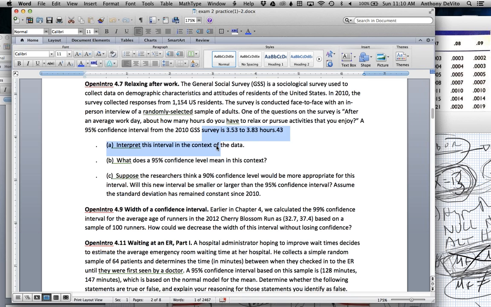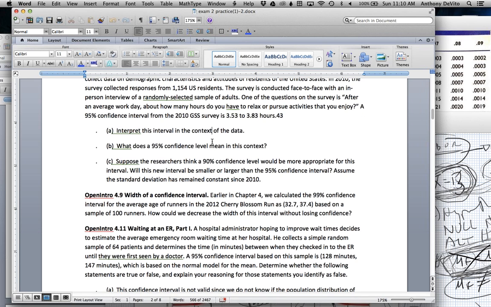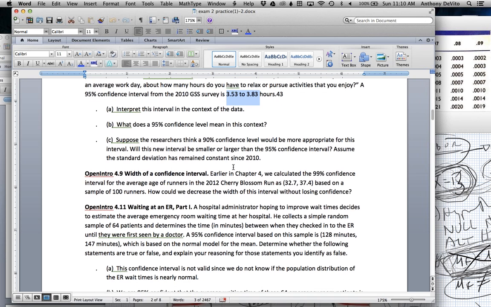But the range that they say 95% of the results were likely to be in is between 3.53 and 3.83, or actually the real mean for everybody in the population. What does a 95% confidence interval mean in this context? It means that they're 95% sure that the real number of hours of free time for the population is between 3.5 and 3.8 hours.